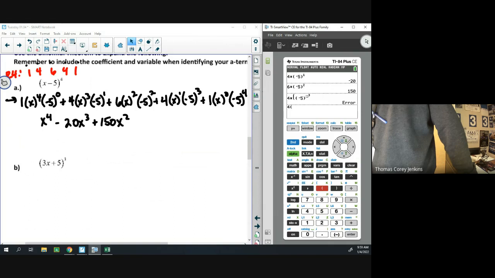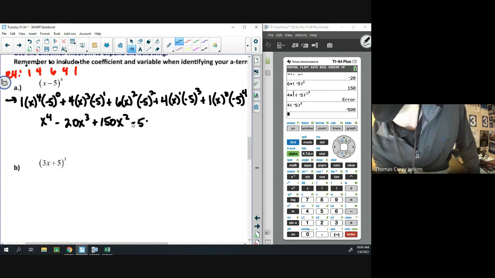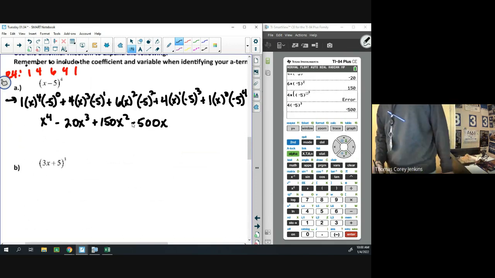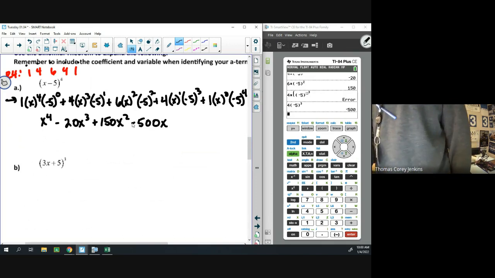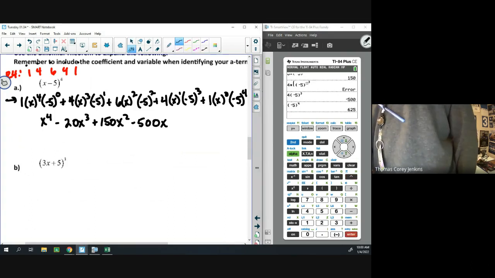Try that again. So that'd be minus 500. And that's x to the 1. And then my last coefficient is just going to be 1 times 1. So it's just going to be my constant. So it's going to be whatever negative 5 to the 4th is. So that'd be 625.